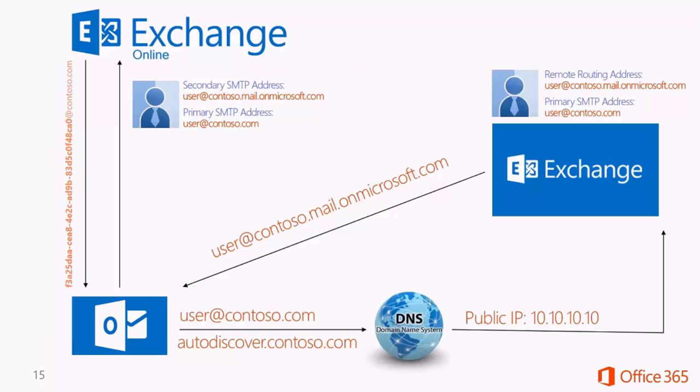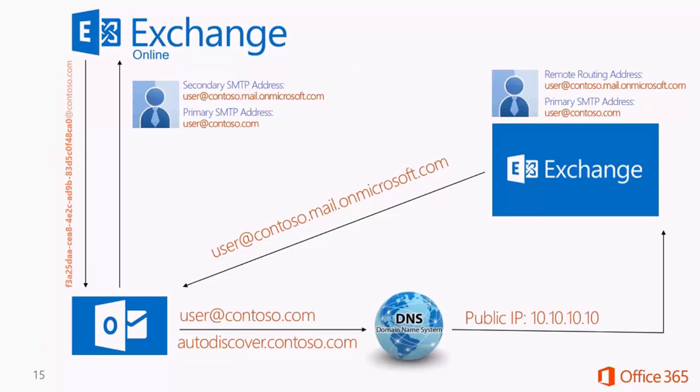So, as is described here, Outlook is making the Autodiscover request to my public IP addresses. It ended up in my Exchange server. My Exchange server sees that I have a recipient with the primary SMTP address of user@contoso.com. However, it is a remote mailbox and has a remote routing address of user@contoso mail.onmicrosoft.com.